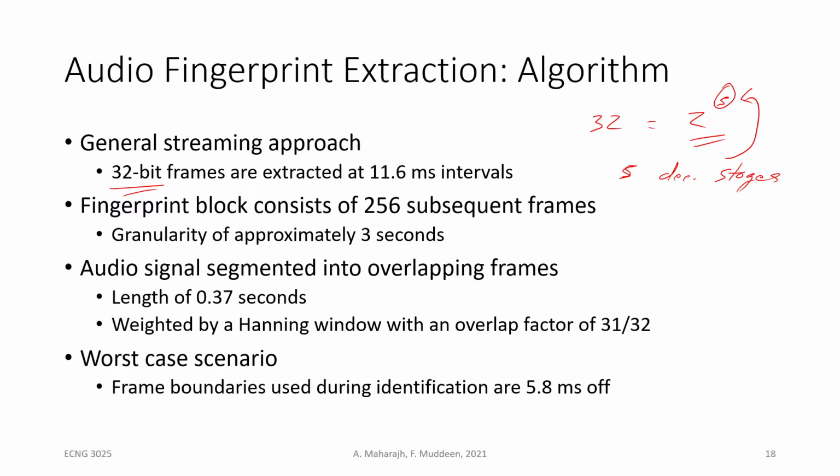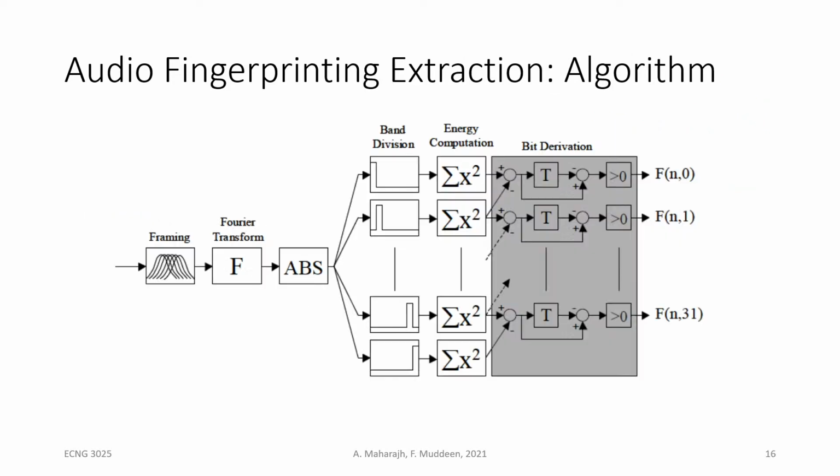These small things are what you're going to have to pay a little bit of attention to when we go about actually doing our algorithm itself. The reason it's 32 bits is that it gives us a nice even power of 2 to perform our FFT on each of these frames as we go.